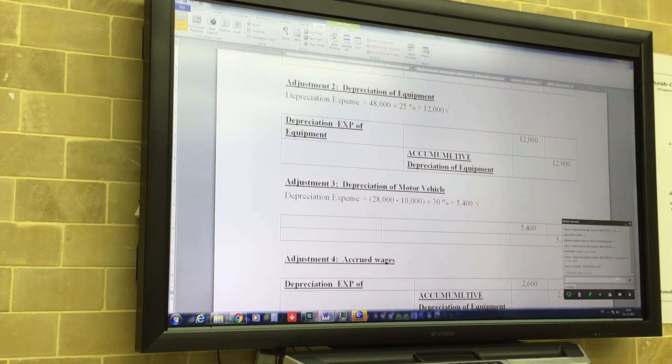Buildings, for example, 20 years. So it's by default.